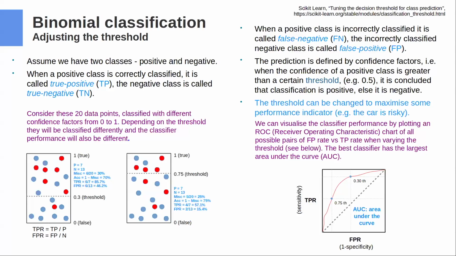So they invented the ROC chart, which helps them understand which classification method is better than others. So the area under the curve of all possible thresholds that you could consider for this particular model, the larger the AUC area, the better is the classifier. So you could actually use this technique to compare one classifier against the other. There's a whole field behind it. I just highlight there is such a thing.